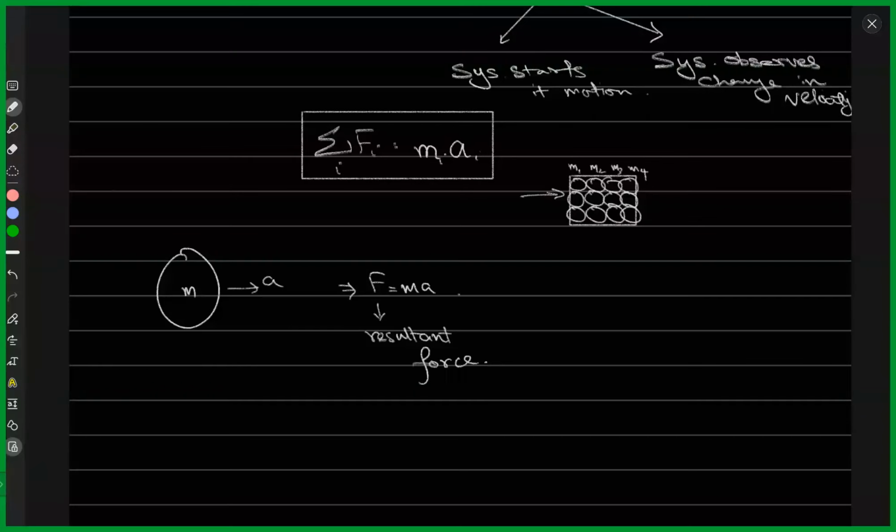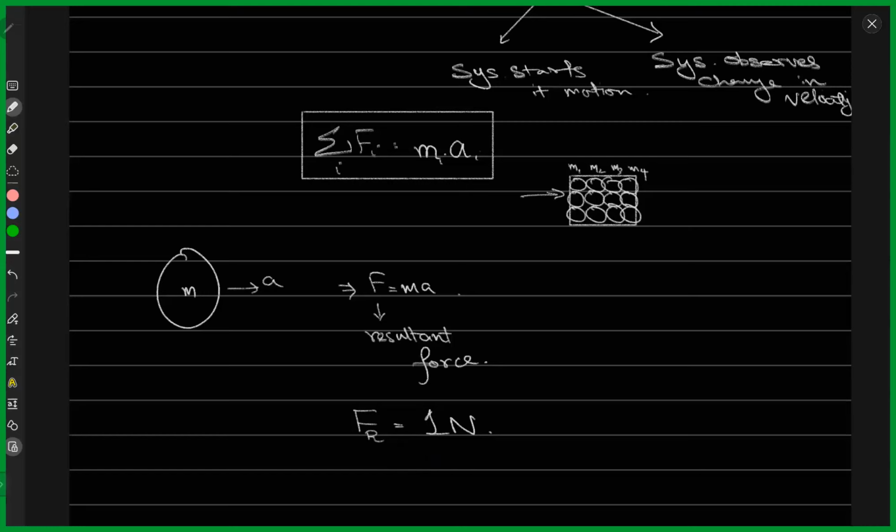Now suppose I tell you that this resultant force, let's write it Fr, is equal to 1 newton. Suppose I have this ball of mass m, and the resultant force on this ball is 1 newton. What does that tell you about the physics?